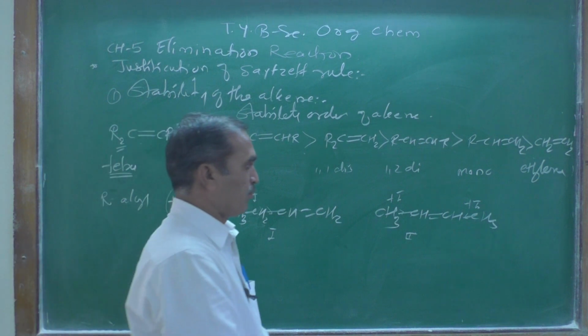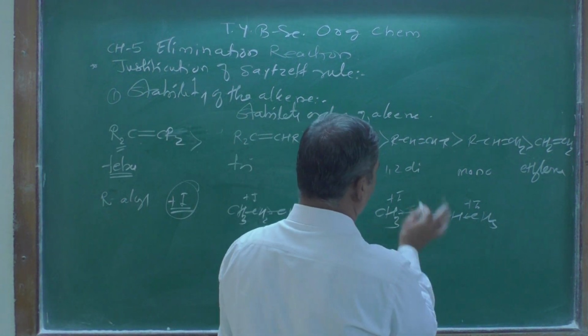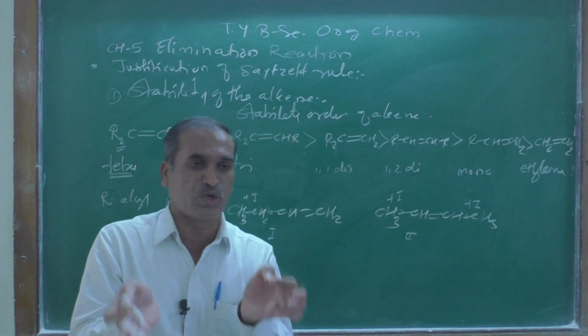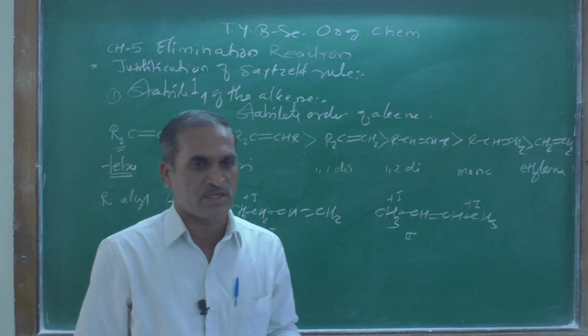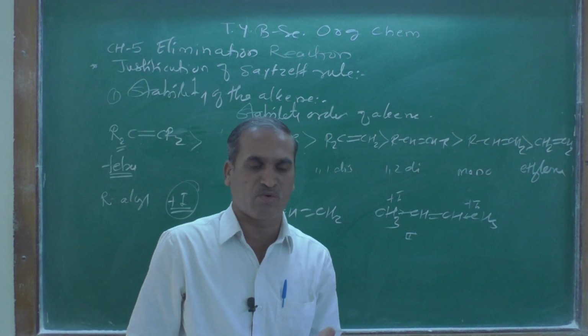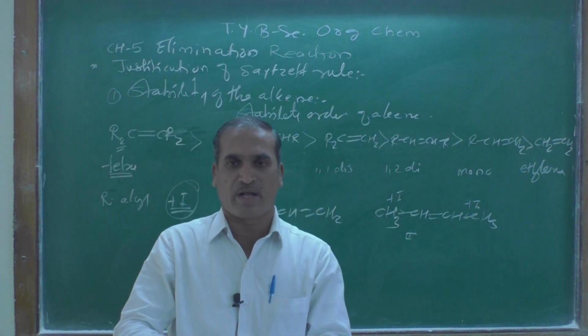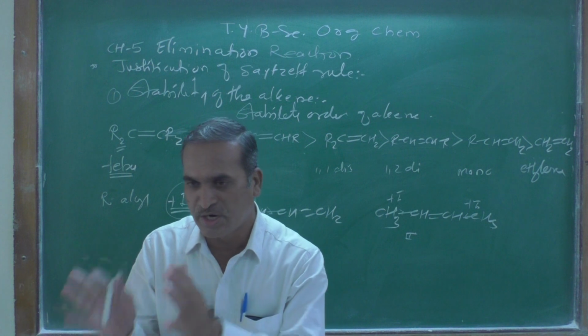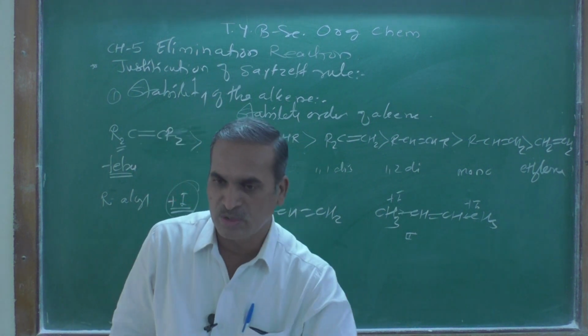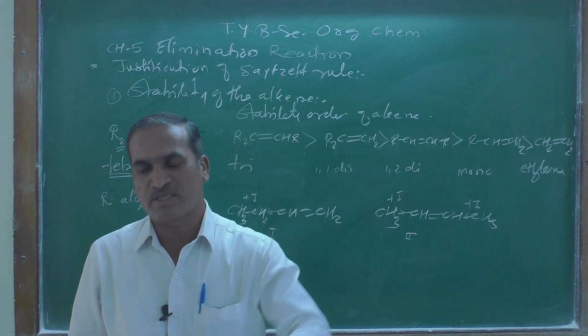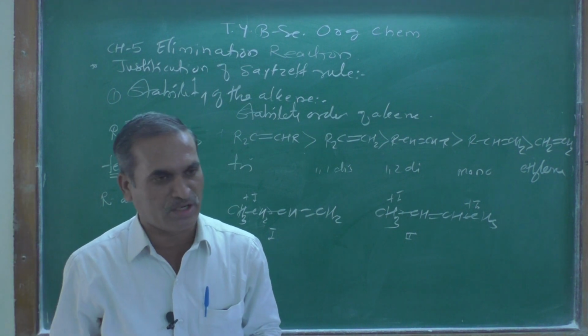Second factor contributing over here, look at here, as we know, the hyperconjugative effect. Inductive effect just now we have seen. Inductive effect means polarization induced in the adjacent bond. Due to the polarization in one bond is called the inductive effect. There are two types of the inductive effect, plus I inductive effect and the minus I inductive effect.